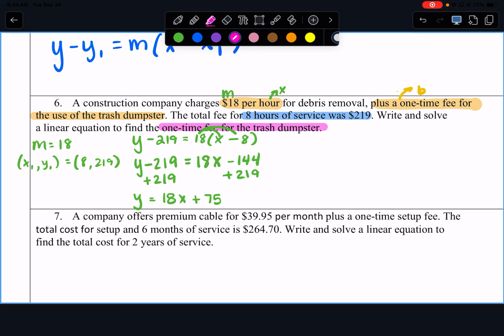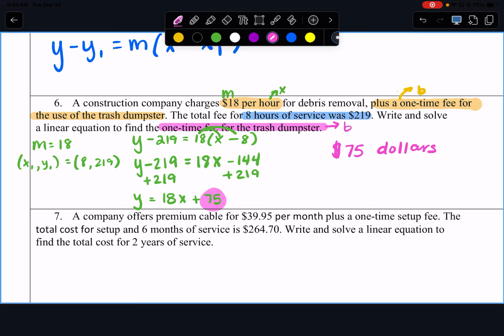We said at the beginning of this, the one-time fee represents our what? Our B. Well, if I have my slope-intercept formula, what's my B? 75. Exactly. So it's 75 what to rent the dumpster? $75 to rent the dumpster. I personally like those because I don't have to solve for anything else. I just have to find the equation.